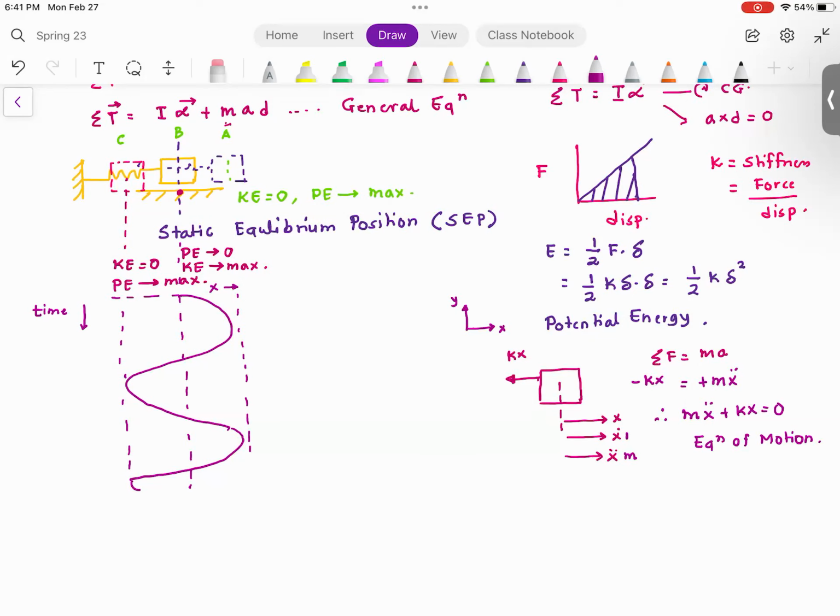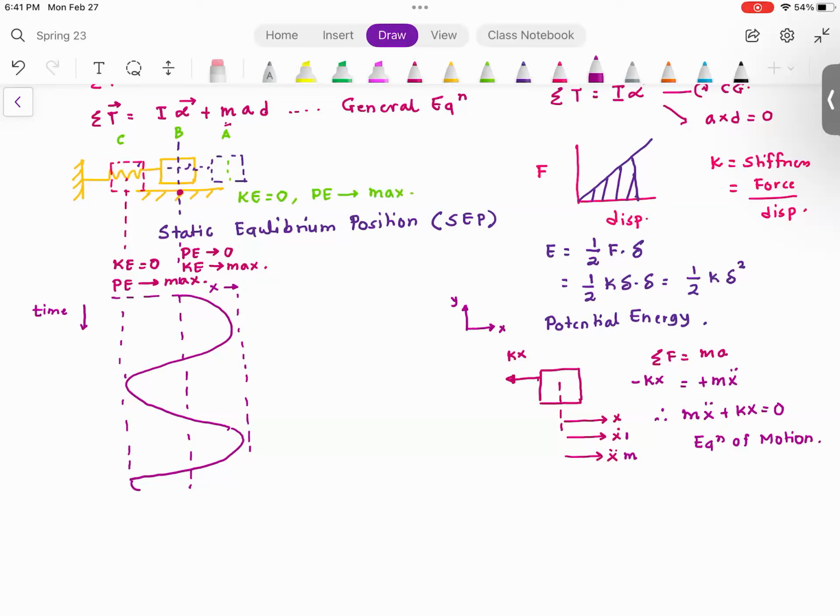Acceleration. Everyone understood this? So at the end of the day, the solution of a differential equation is the mathematical relationship between the dependent variable and the independent variable. It means you can substitute the value of the independent variable and get the values of the dependent variable.